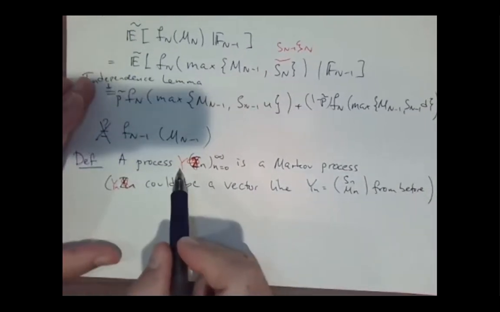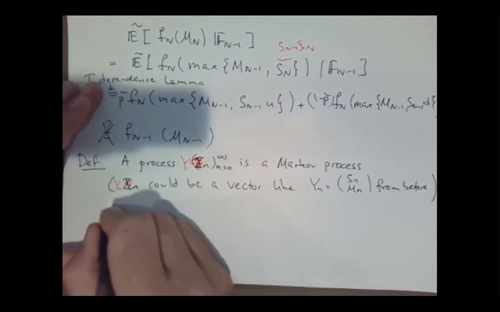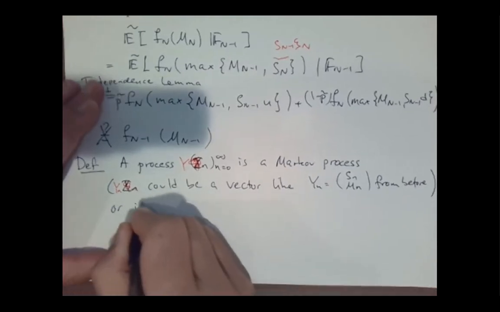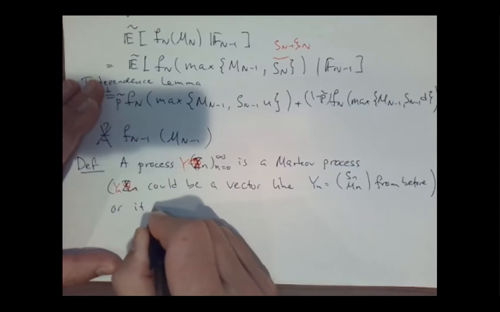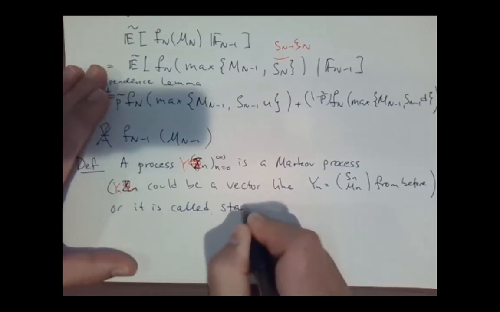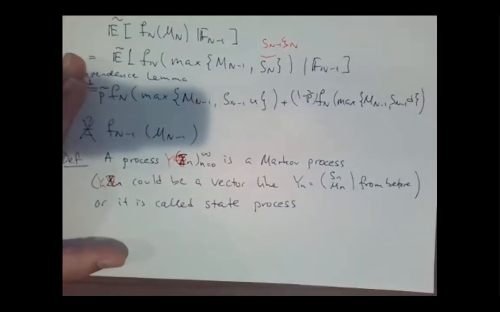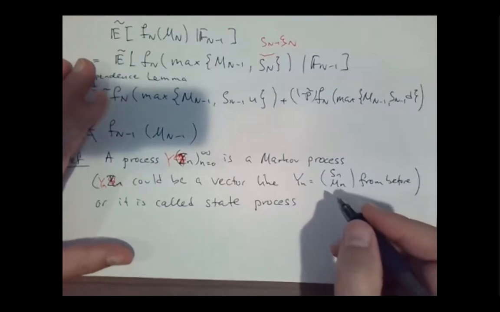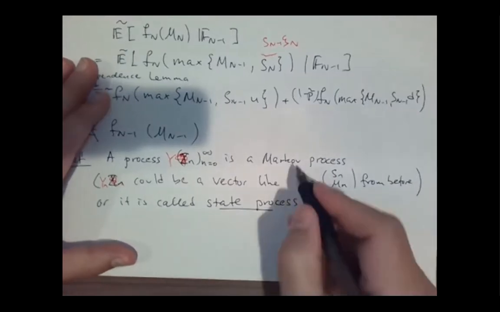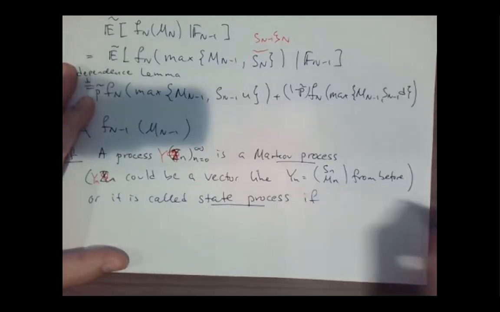So take a stochastic process. This is called a Markov process, or the textbook likes to call it a state process. A state process and a Markov process, these two expressions mean the same in quantitative finance.